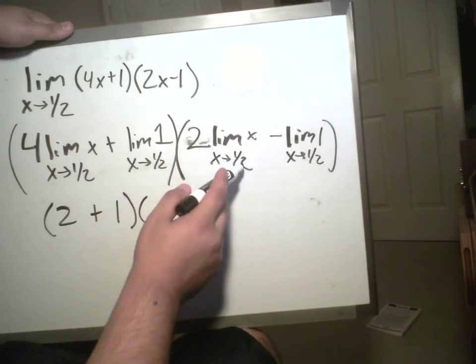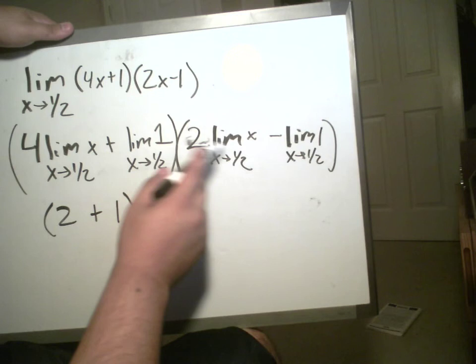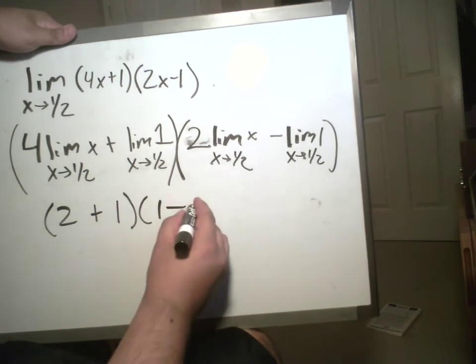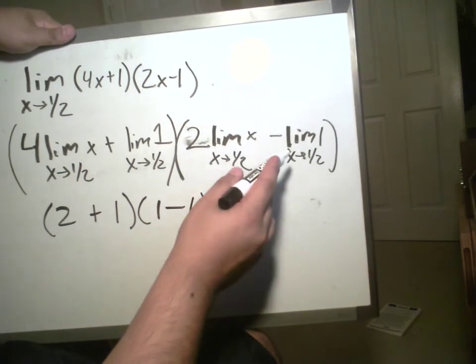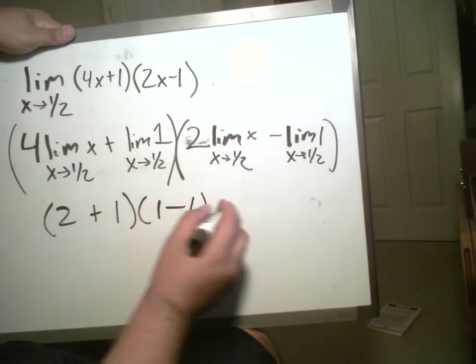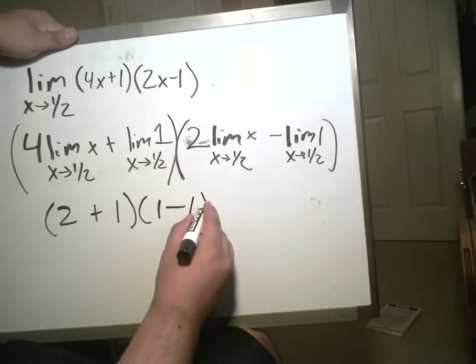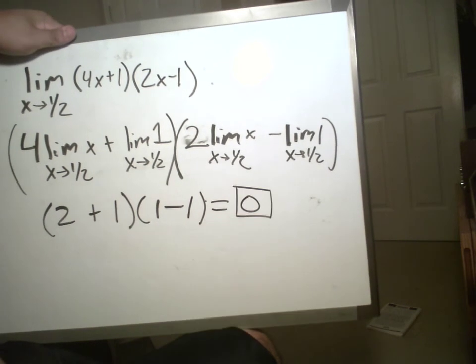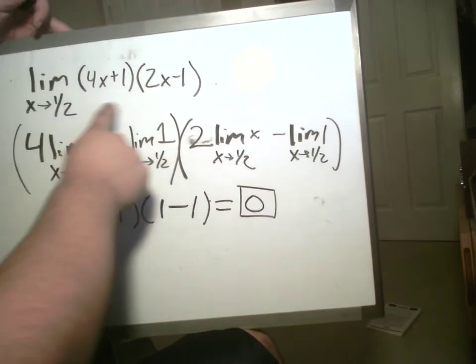Then we're going to evaluate this. We're going to plug the 1/2 into x and then multiply it by 2, which gives us 1 minus another 1, because the limit as x goes to c of k just equals k. And well, this is just going to give us 0. So the limit of this expression is just 0.